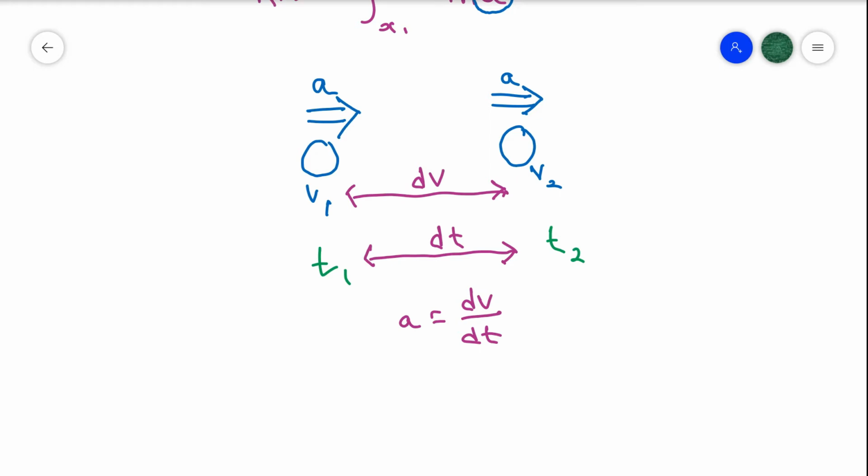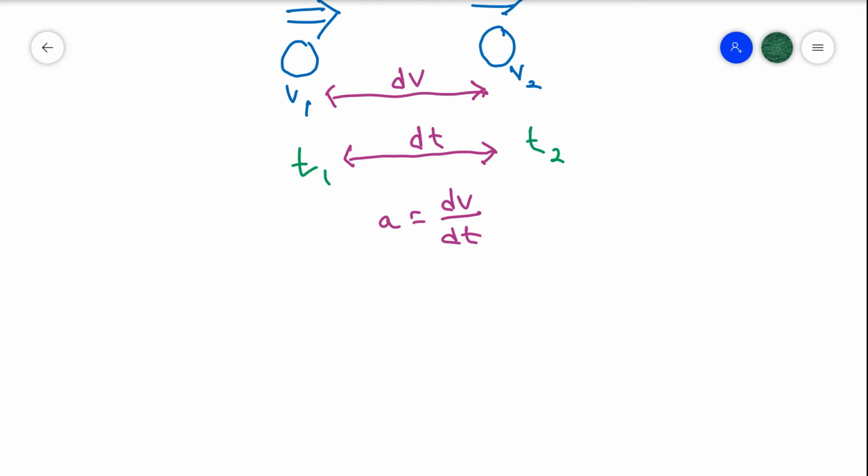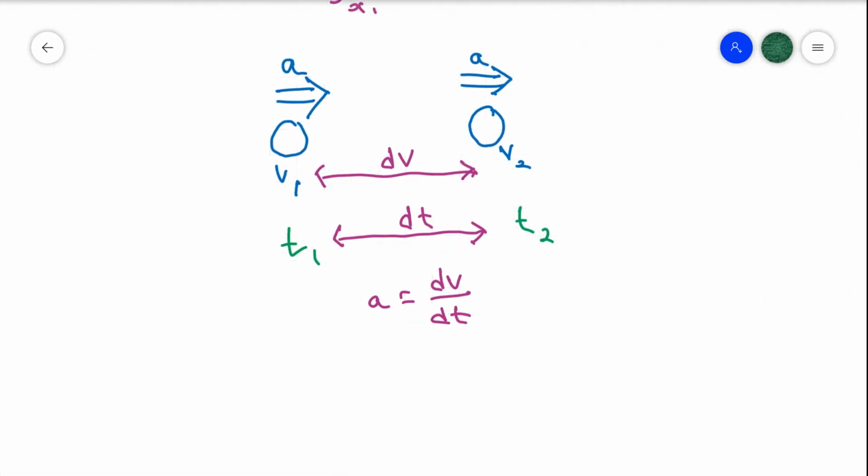So with that we can say acceleration is equal to dv over dt, that is with respect to velocity and time. So now consider the displacement of the two. At t1, let's say that our displacement of the object is at x1 and the displacement of the object at t2 is x2.